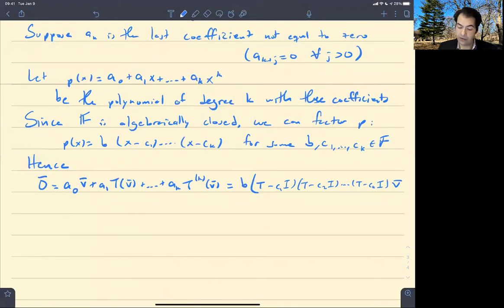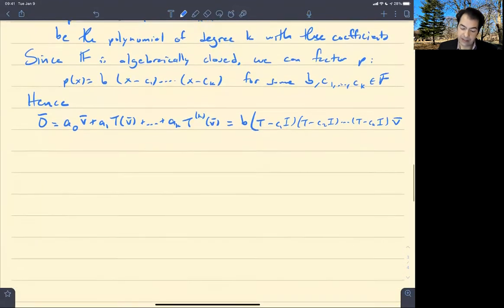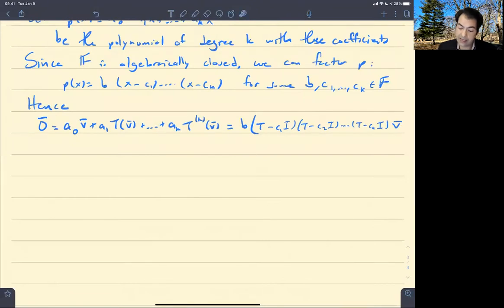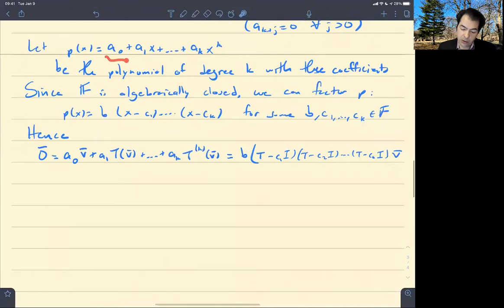The reason is just that that's the way the algebra works. This identity, that this polynomial is equal to this one, only uses facts about multiplication and addition in the field, and those facts, the distributivity of multiplication over addition, hold just as well when you're working with composition of linear maps.